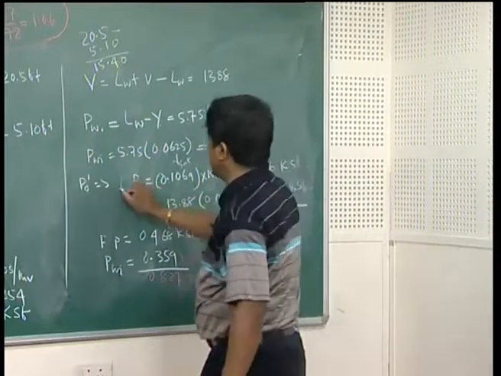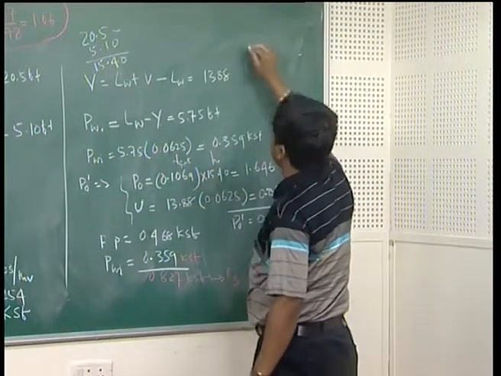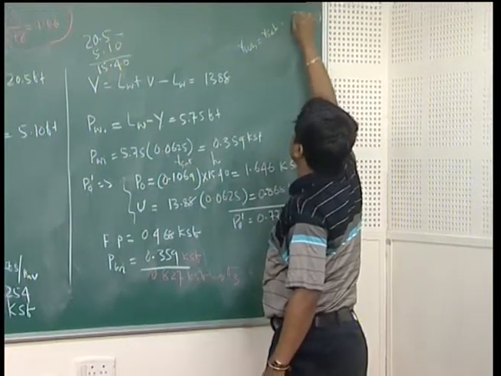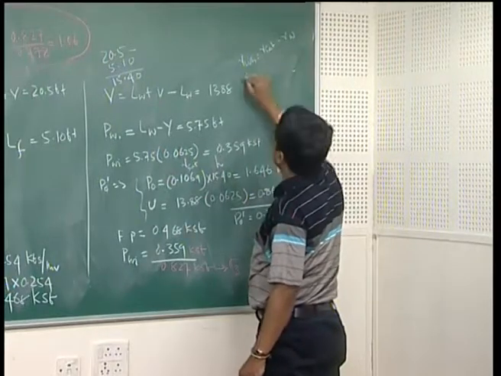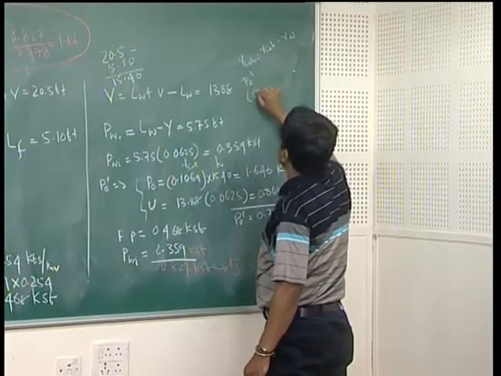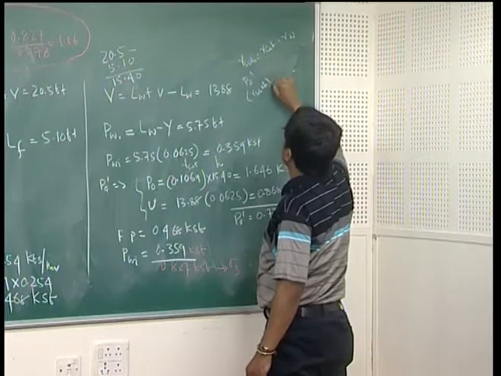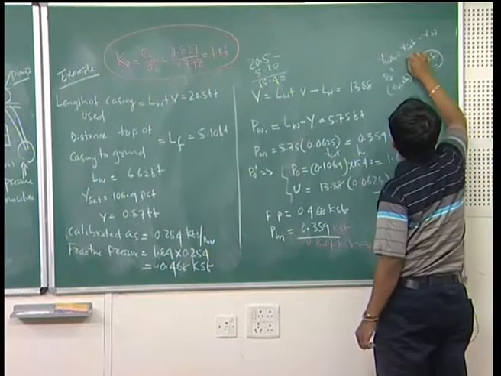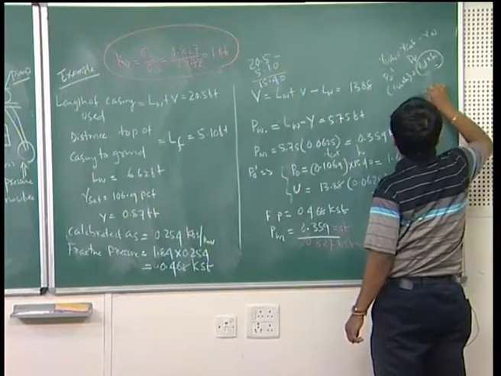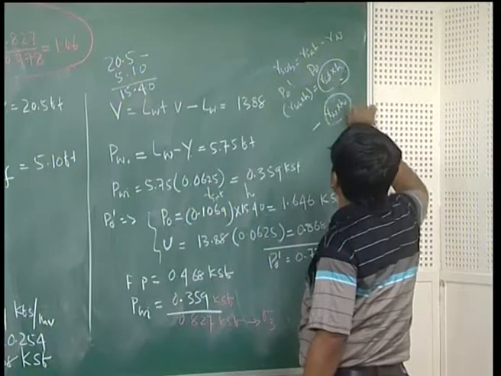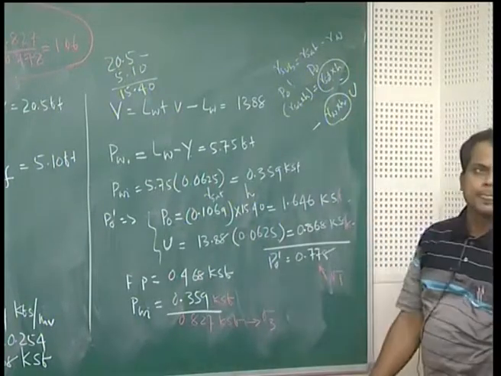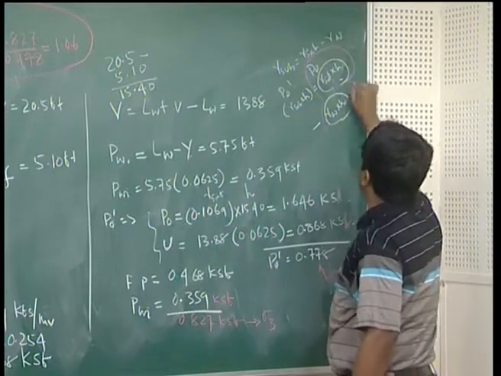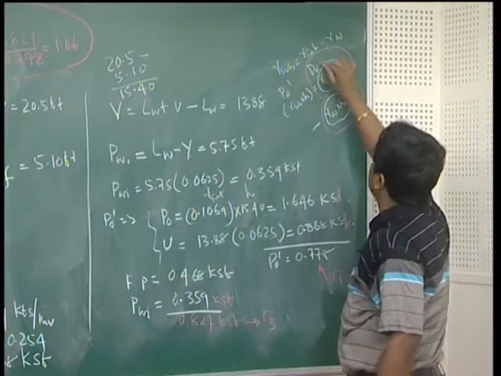If you look at here, how I calculated, gamma submerged is equal to gamma saturated minus gamma W. So now this will be P0 prime, which is equal to gamma submerged into H, which is equal to gamma saturated into H, this is your P0, minus gamma W into H, this is your U. Now in terms of P0 and U I have calculated.